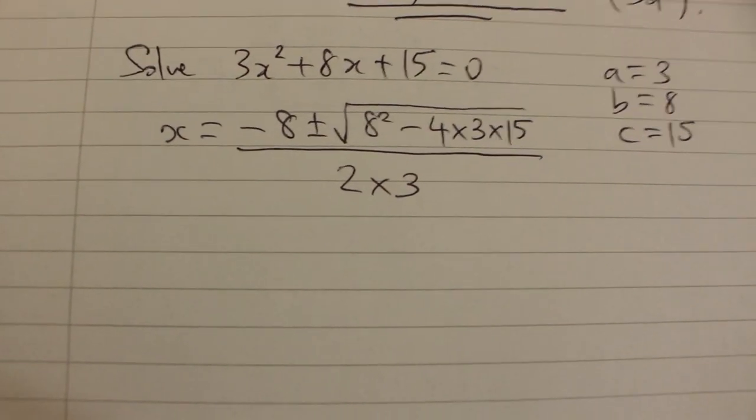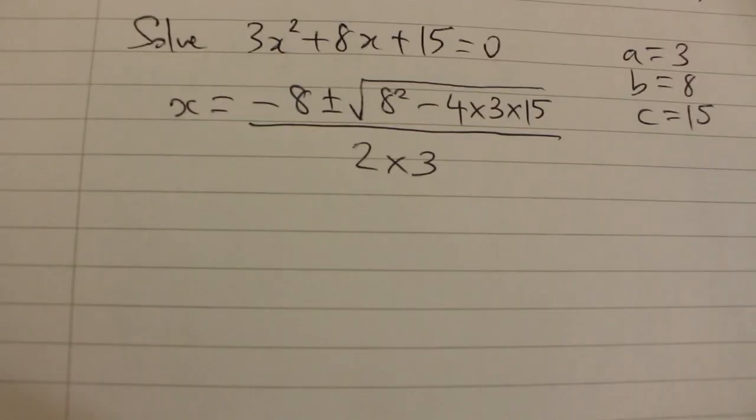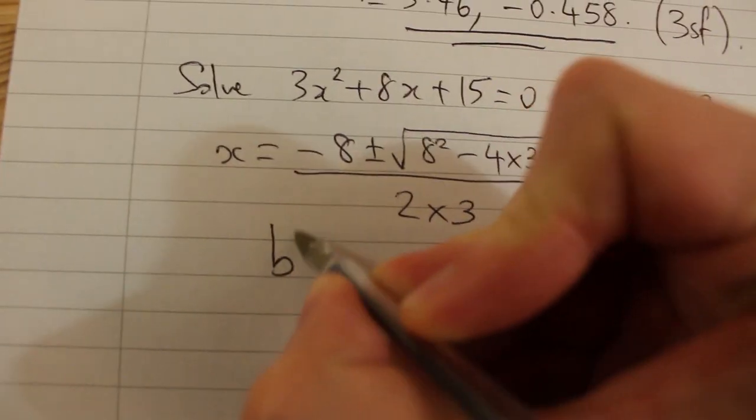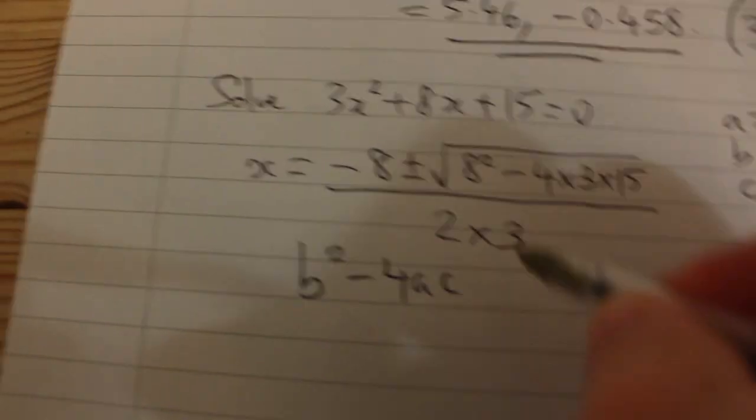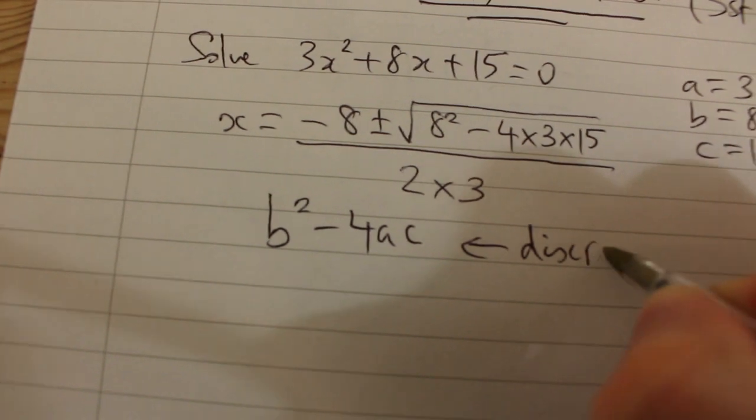So this number inside the square root is quite special. If you remember from the formula, the number inside the square root was b squared minus 4ac. This has a special name. This is called the discriminant.